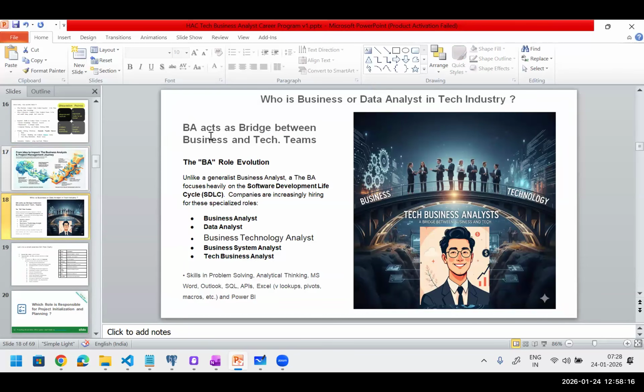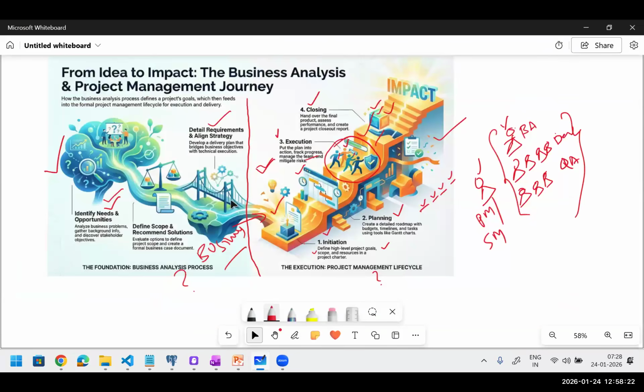Now, within that project context, you are a business analyst. You are the bridge. Here, the business people will always be there: the PO, product owner, you can say client also.